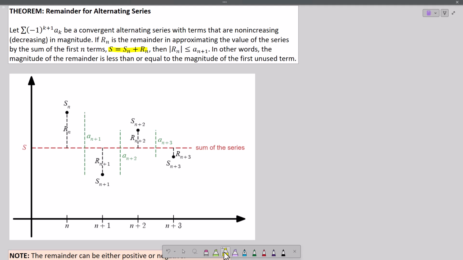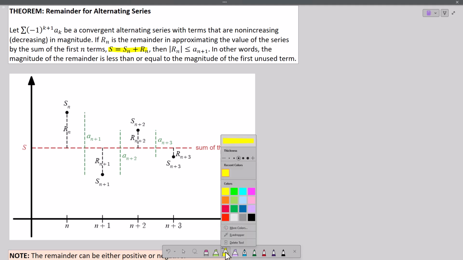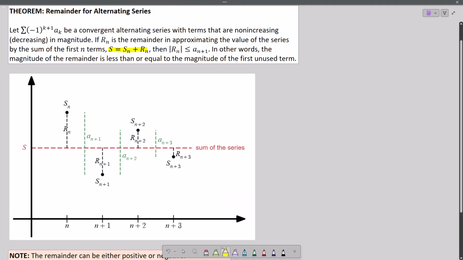And it should be pretty easy to see that the distance right here, this is the remainder. So S sub n is here, the sum is here, that distance right there is the remainder. When I put the information here that this is R sub n, I'm talking about a positive distance. That distance is positive.